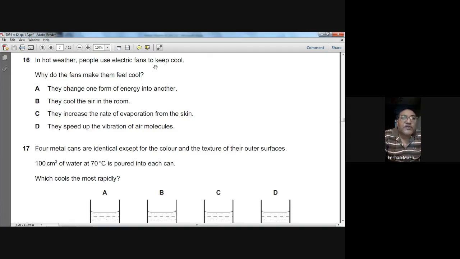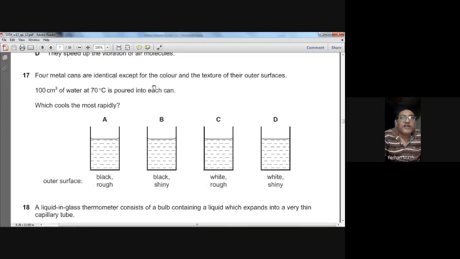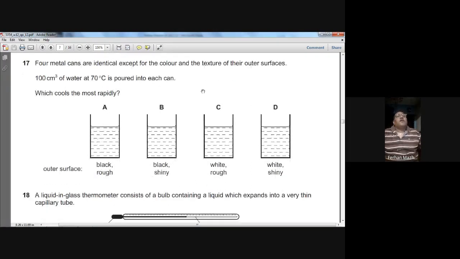Okay, dear students, we are moving to question number 17. It's on your screen. 4 metal cans are identical except for the color and the texture of their outer surfaces. 100 cubic centimeters of water at 70 degrees centigrade is poured into each can. Which cools the most rapidly?